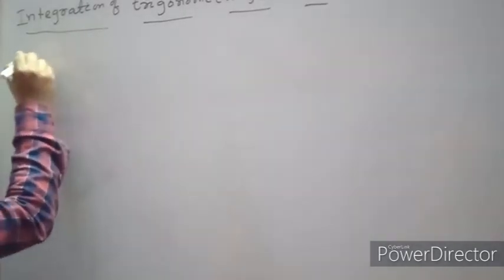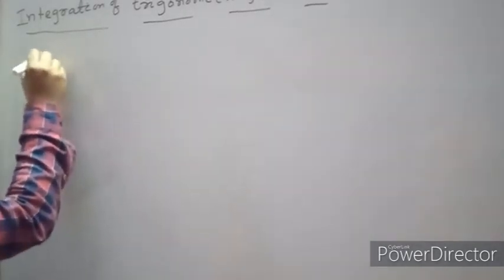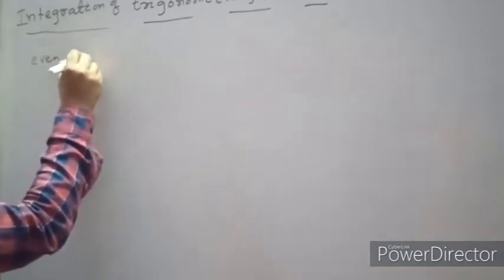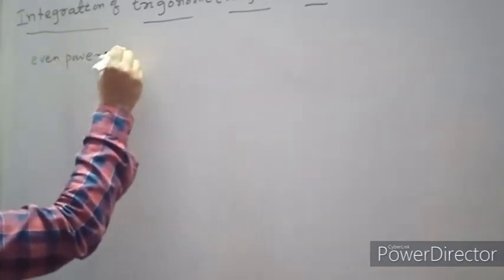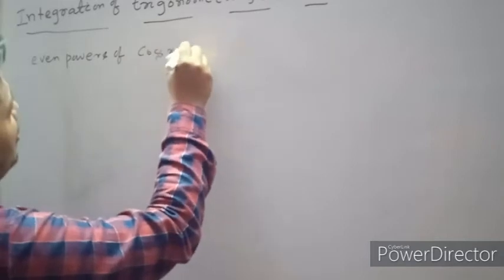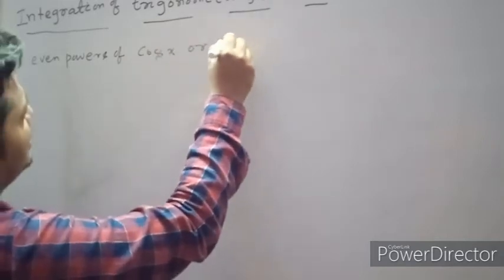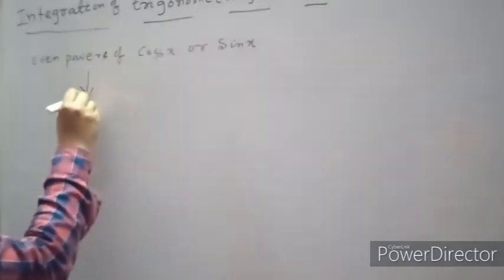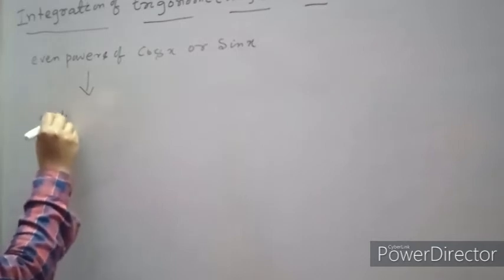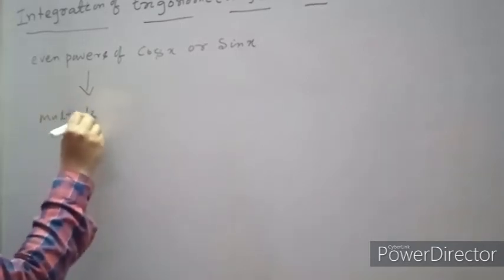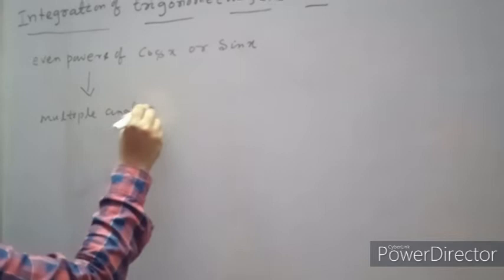So when you have, say, even powers of cos x or sin x, you have to convert them to multiple angles, using the multiple angle formula, right?